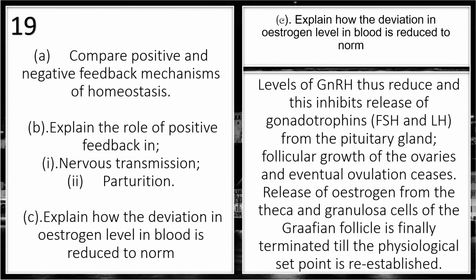The levels of gonadotrophin-releasing hormone thus reduce, and this inhibits the release of the gonadotrophins, that is follicle-stimulating hormone and luteinizing hormone, from the pituitary gland. Follicular growth of the ovaries and eventual ovulation cease.